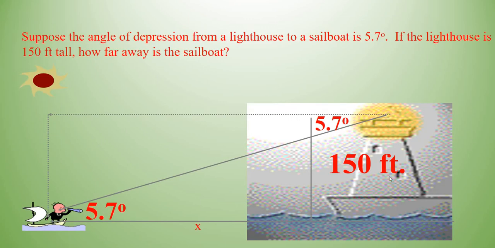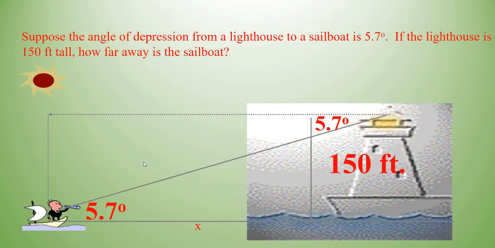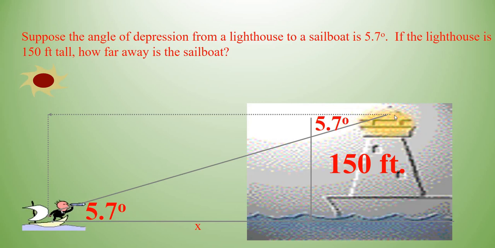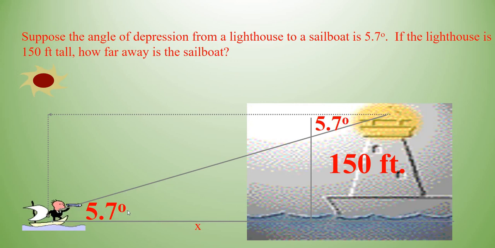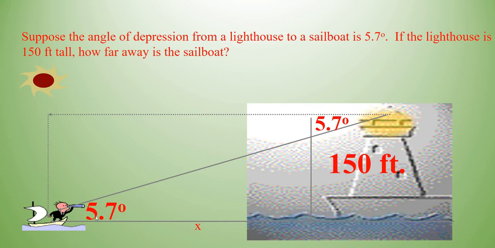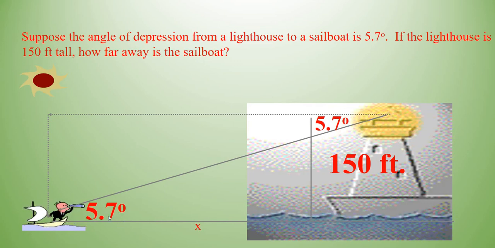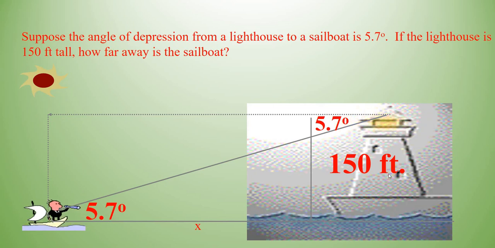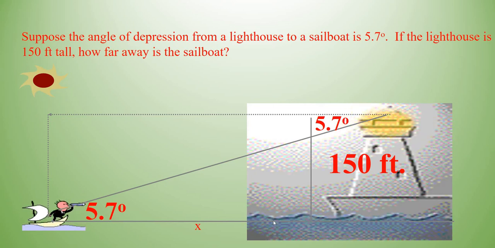In this problem, the height of the lighthouse equals 150 feet, and the angle of elevation from the man to the top of the lighthouse equals 5.7 degrees. What is the distance between the man and the base of the lighthouse? x.